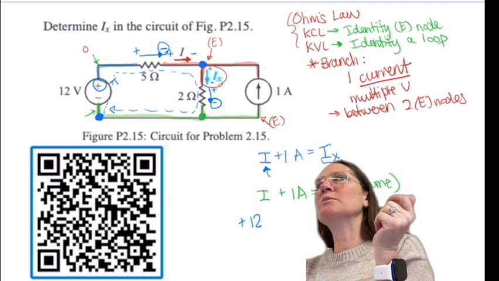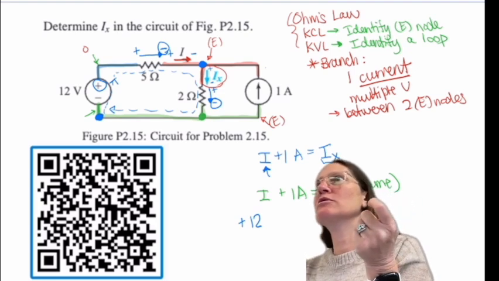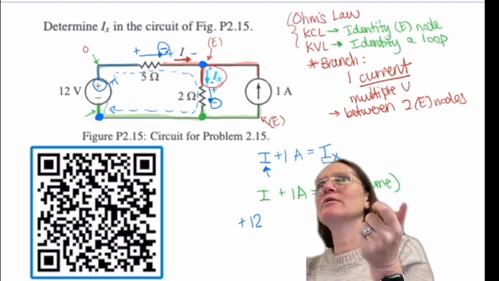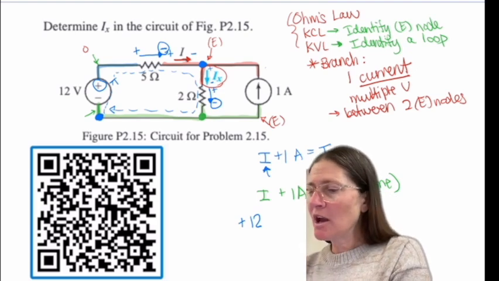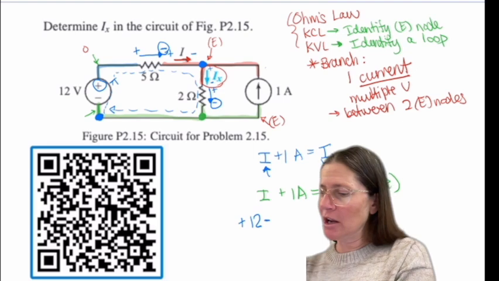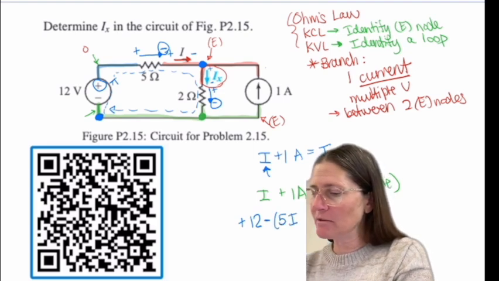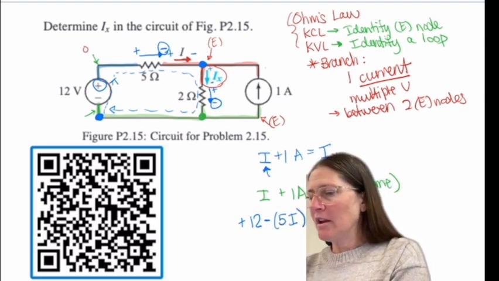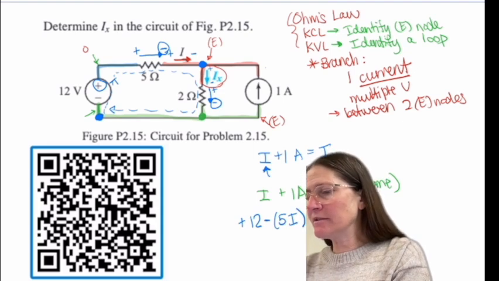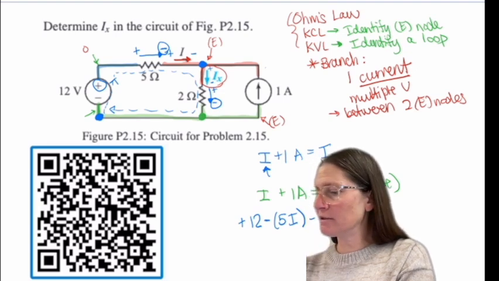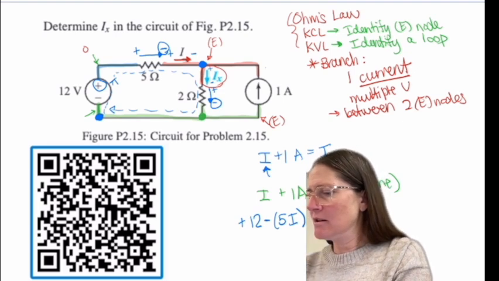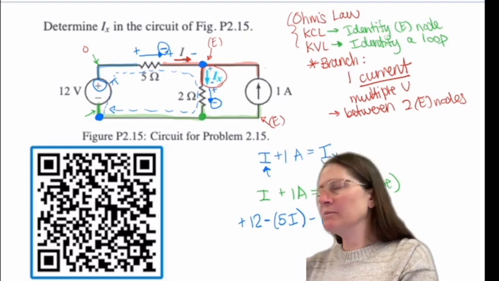So Ohm's law would be what for the voltage? 5 times I. Correct. So it would be a minus from the polarity, and then 5 times I. And then minus IX times 2, or 2IX, equals 0. And that would be my loop.